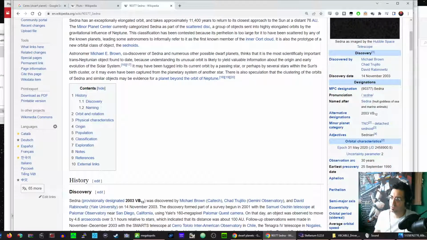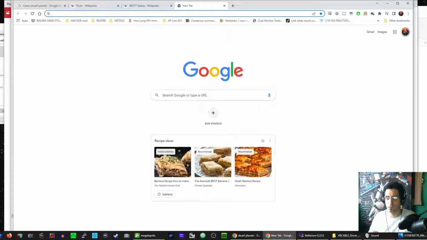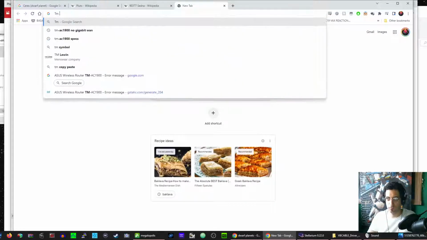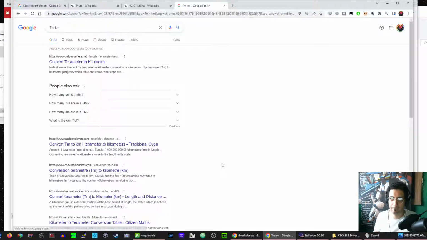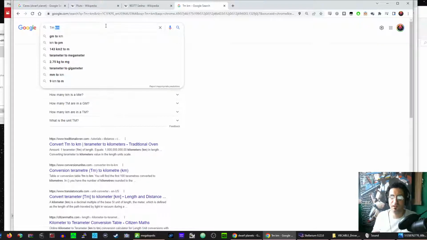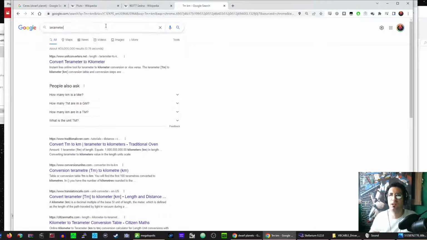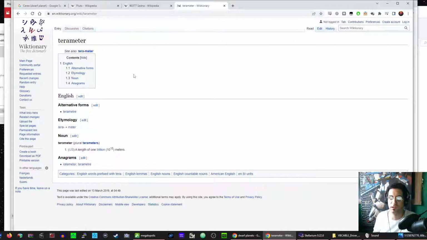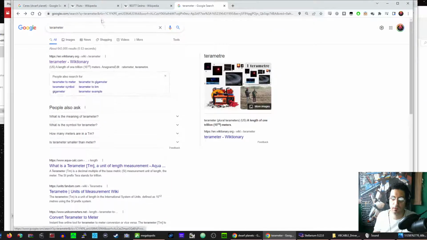And if I'm reading this, I've never seen this unit of measure before. Terameter. What the hell is a terameter? I think I know what it is, but I want to get a definition of what it is. A terameter, 10 to the 12 meters.